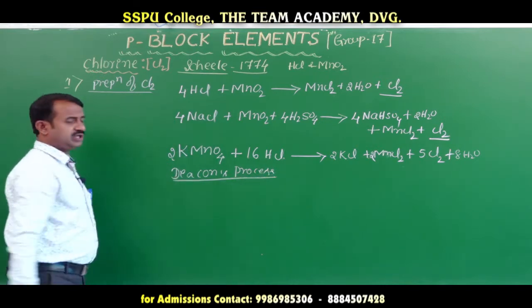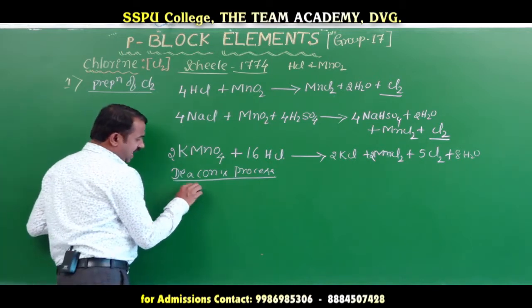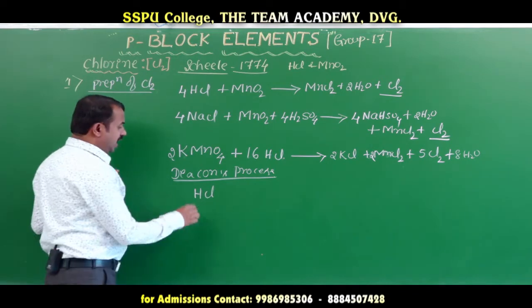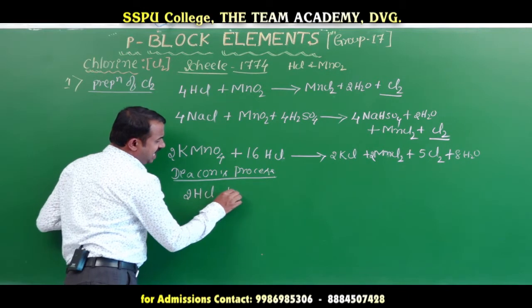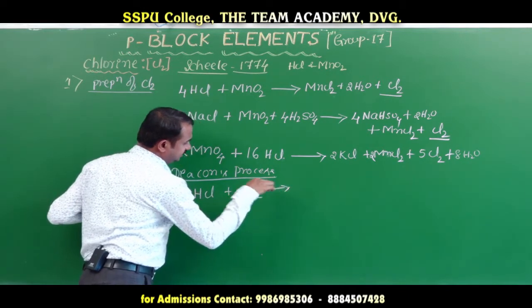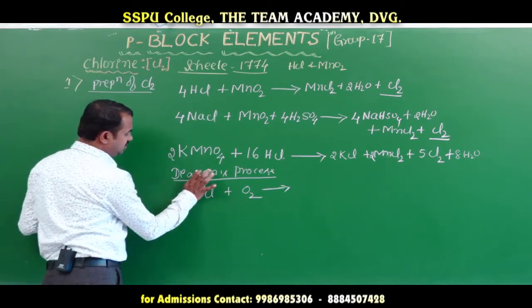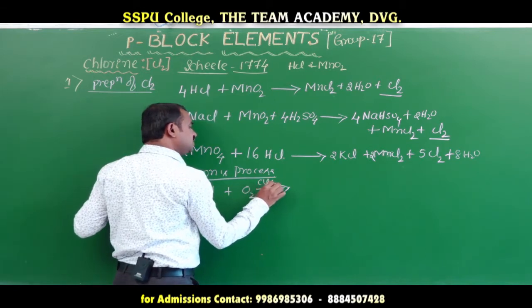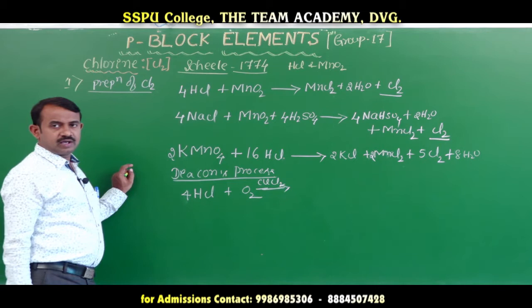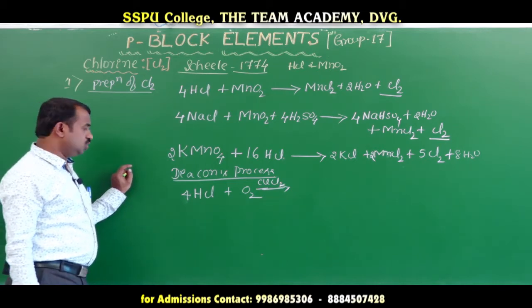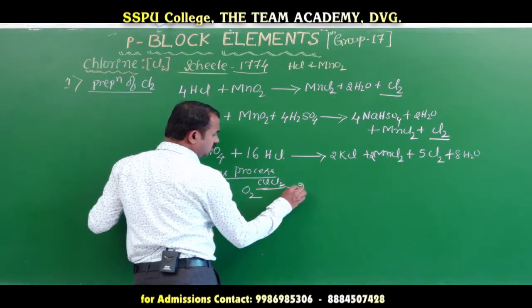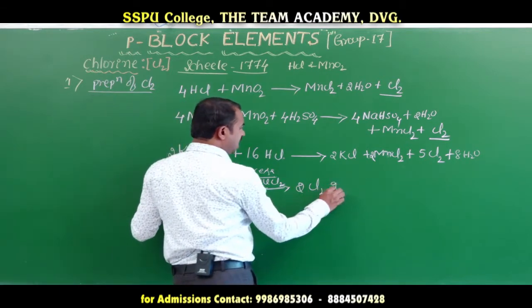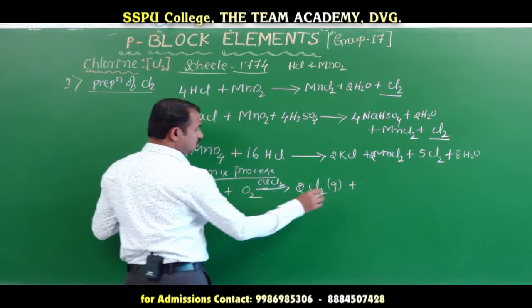Suppose we take hydrochloric acid. 4 molecules of hydrochloric acid react with oxygen in presence of CuCl2, copper in oxidation state 2, to form 2 molecules of chlorine gas and 2 molecules of H2O.